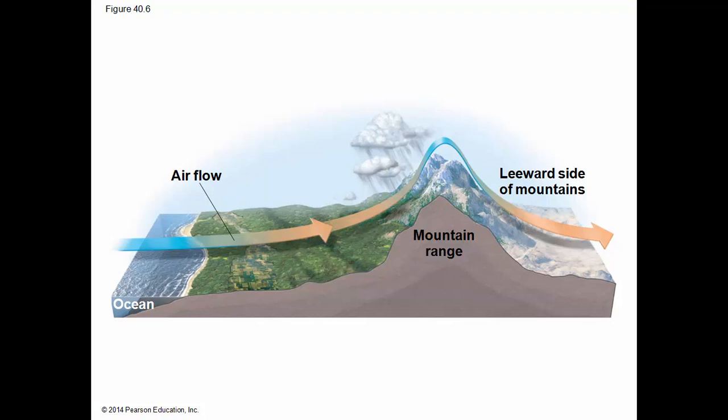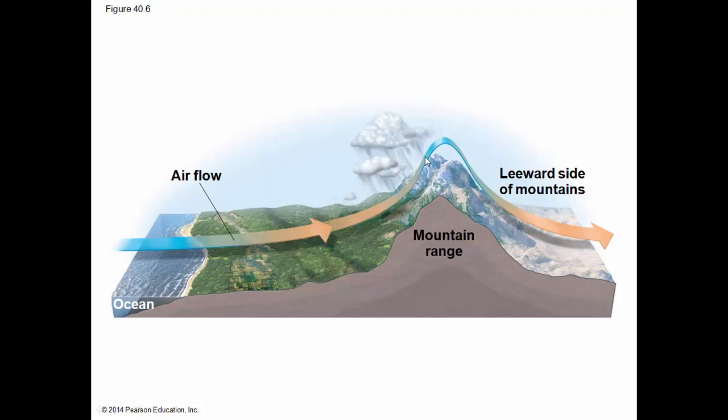So here is the cool airflow, to the left of the screen. It flows inland from the water, moderating the temperatures near the shore. And as it rises up the mountain range, this could be in the Pacific, or it could be in our mountains, which are much smaller here in the east. This air encounters the mountains, it flows upwards, and as it cools at these higher altitudes, it releases water as rain and snow.